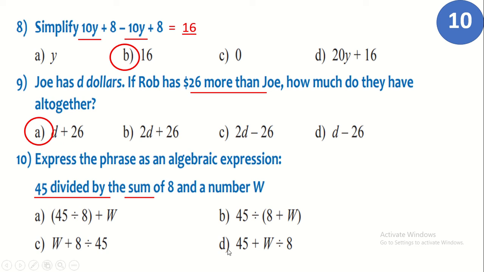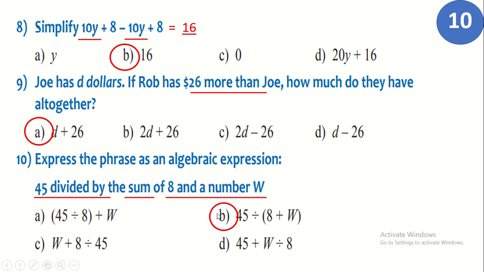And then letter D is the same. You do W divided by 8 first. Here you add first, 8 and W, and then divide. This is letter B, 8 plus W.